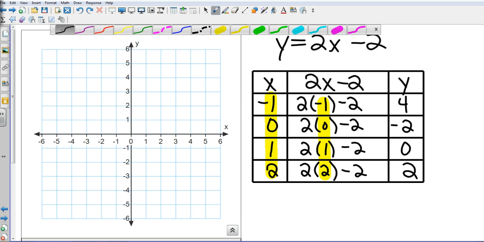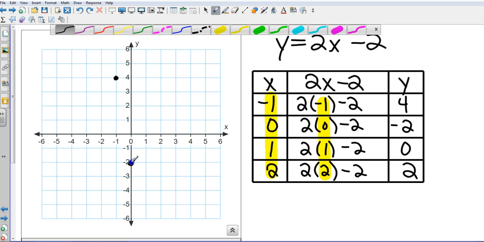So let's do those coordinates. I've got -1, 4. And let's see if this actually makes a good line. I have 0, -2. I have 1, 0.